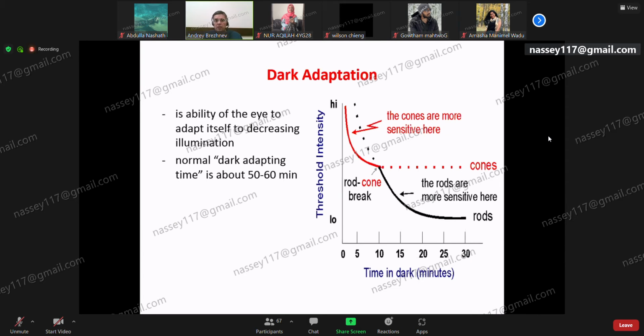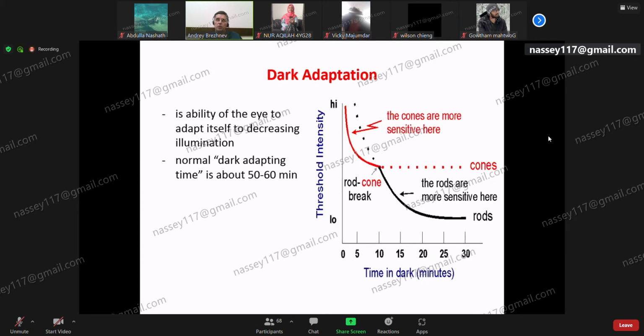But the maximum adaptation and the highest ability to differentiate between different objects is after about 1 hour. So this is the normal dark adaptation time. In case of several disorders, this time may be increased and also be a symptom of several disorders.